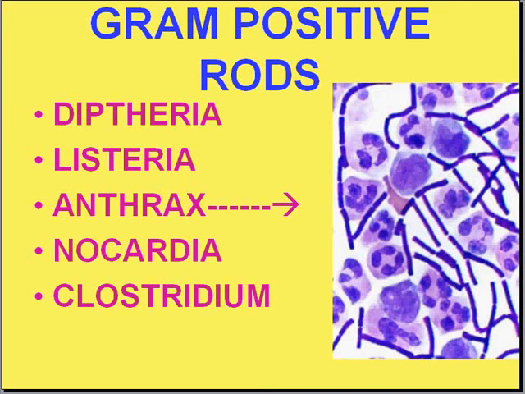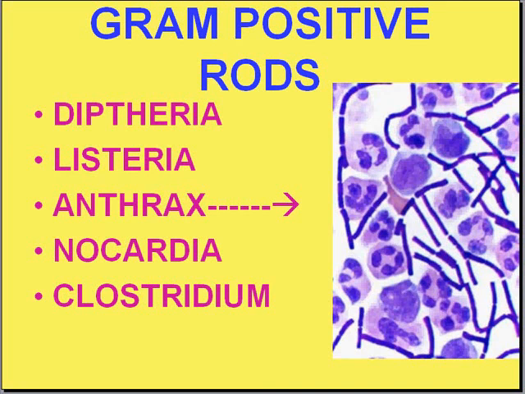It would not be fair if we didn't say a couple words about Clostridium. Clostridium is the last gram-positive bacillus, or gram-positive rod, in this group, and it's a very important cause of food poisoning. It has several different species. Clostridium botulinum releases a toxin which causes a severe type of food poisoning.